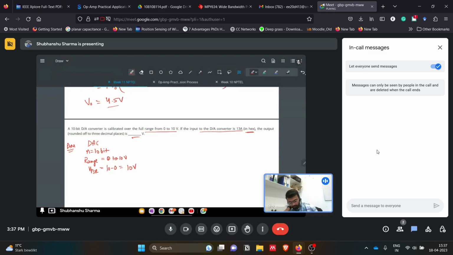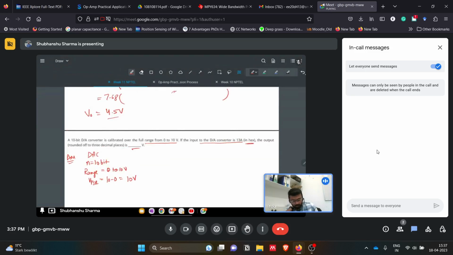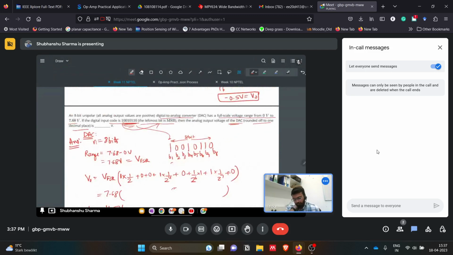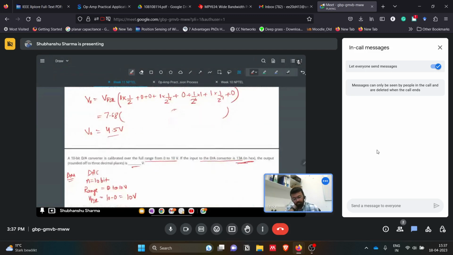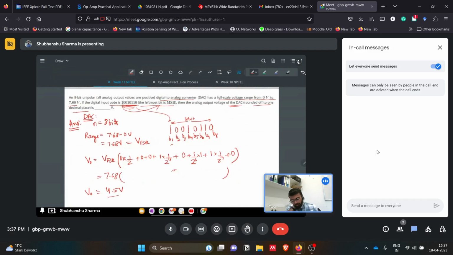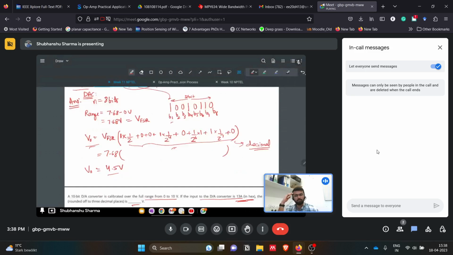Okay, so now earlier the input was given as what? In binary form. Now the input is given in hexadecimal form. So basically what we did in the previous question, we converted the binary into decimal so that we can solve for the output of this DAC.